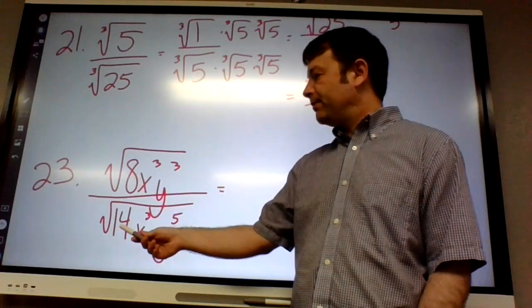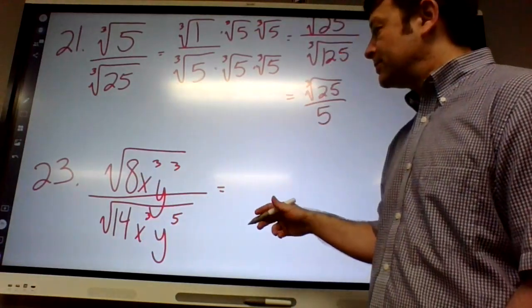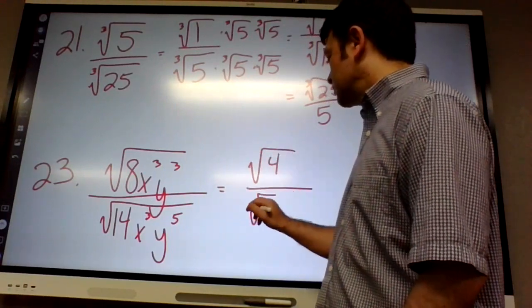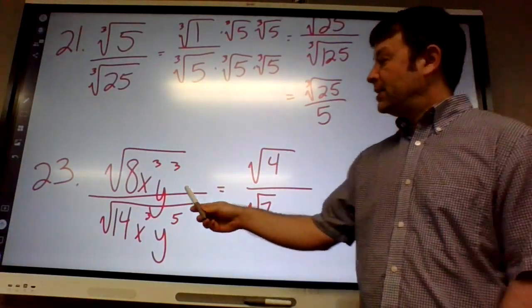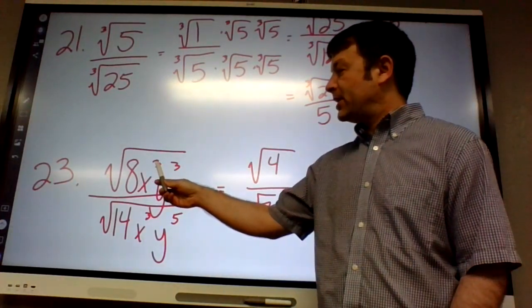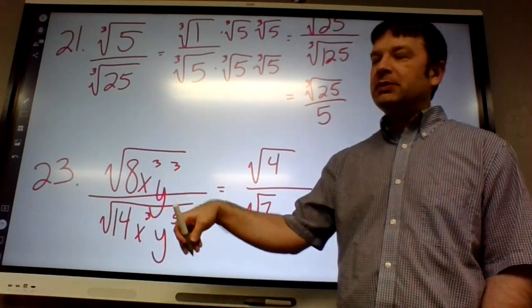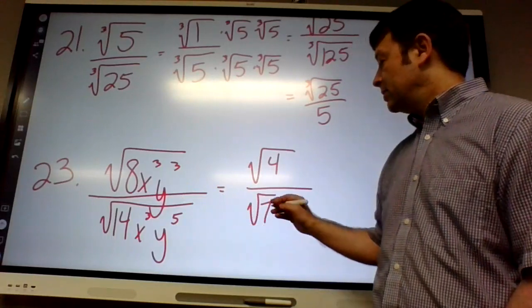But we can simplify it. The 8 and the 14, what does that reduce to? 4 over 7. And then what's gonna happen to x^3? x^3 divided by x^3 is 0, cancels out. y^3 over y^5.